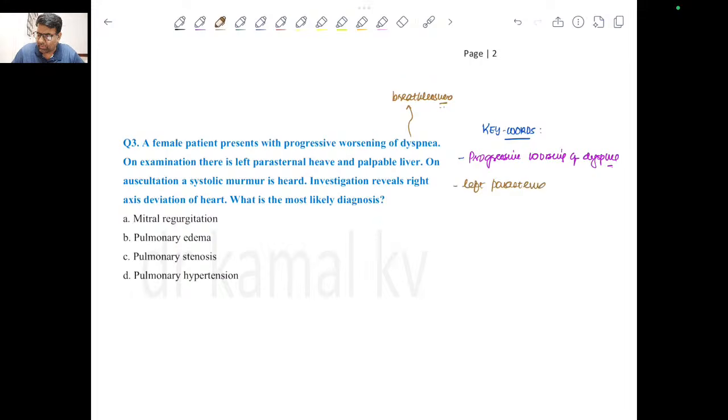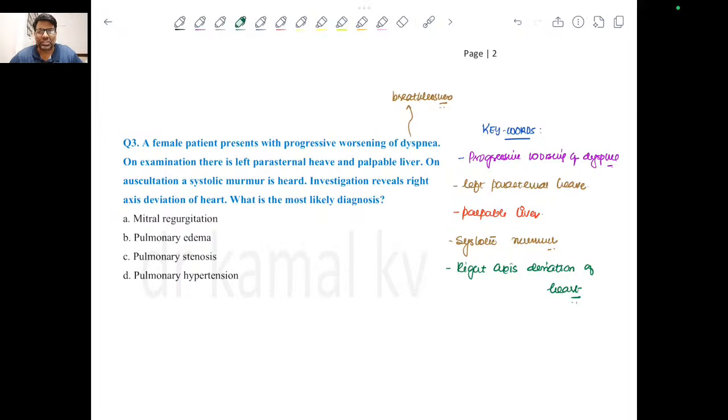Third is palpable liver. Fourth is a systolic murmur. And fifth is right axis deviation of heart.